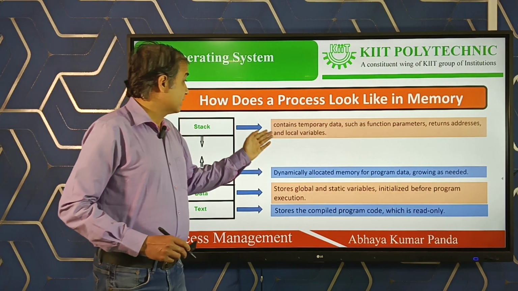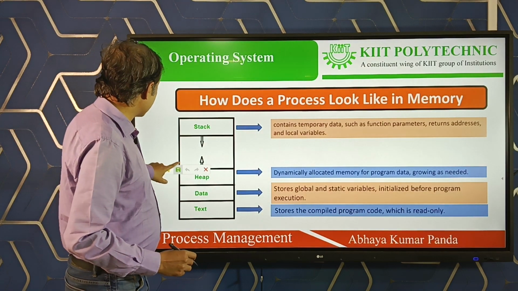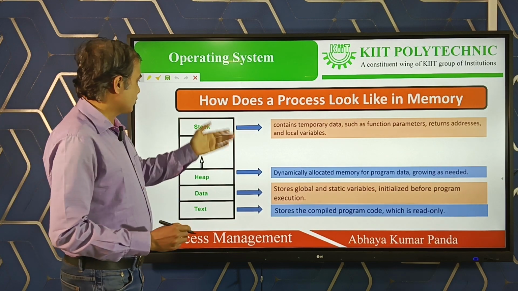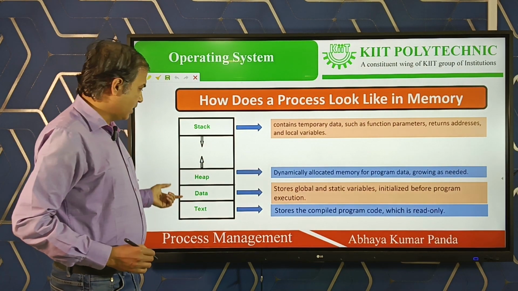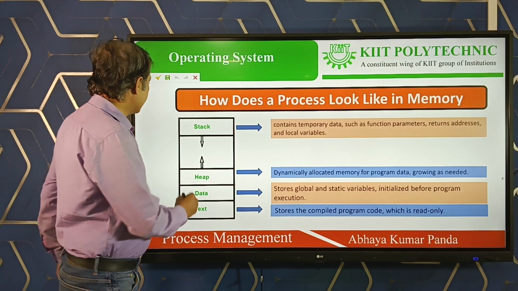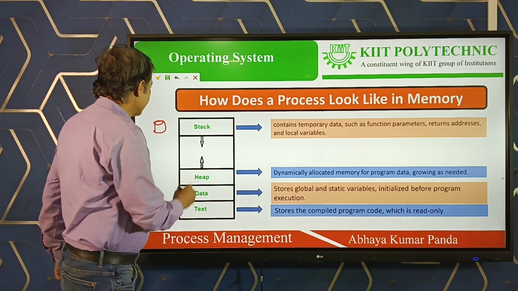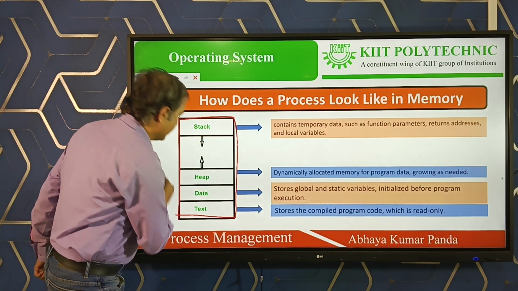When that program is transferred to the main memory, the structure of the program changes. A program is nothing but a set of instructions or codes, executable files. When it is transferred to the primary memory, it creates a structure like this in main memory.